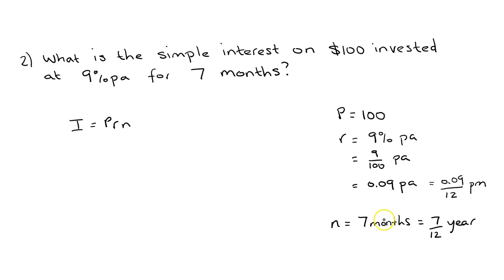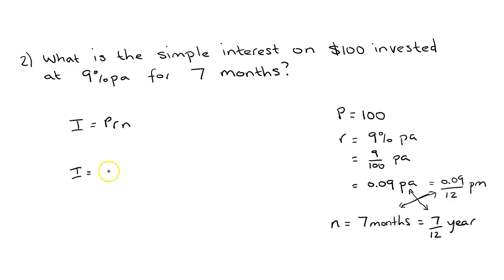So I either have to use the 7 months with the monthly interest rate there, or I have to use the annual interest rate with the n in terms of years. So I have to use those two. So let's pick the monthly one to start with.